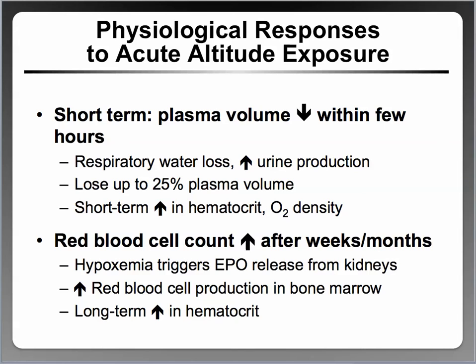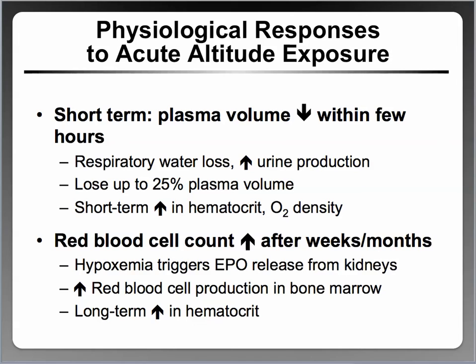One of the short-term responses, it's not an adaptation, it's a physiological response to acute altitude exposure, is a decrease in plasma volume. This occurs within the first few hours of arriving at altitude, but then it plateaus by the end of the first few weeks. What you see is an increase in respiratory water loss, or insensible water loss.